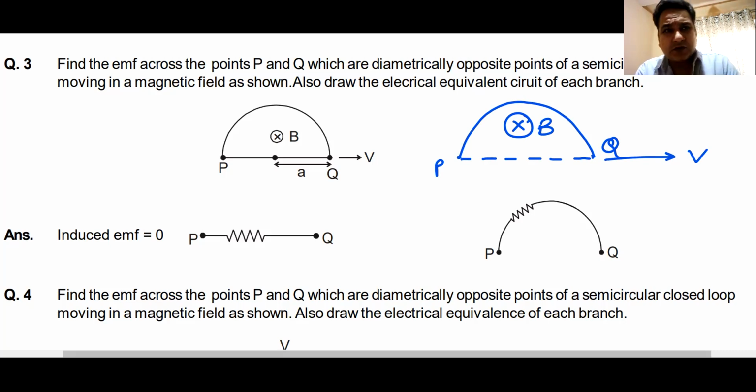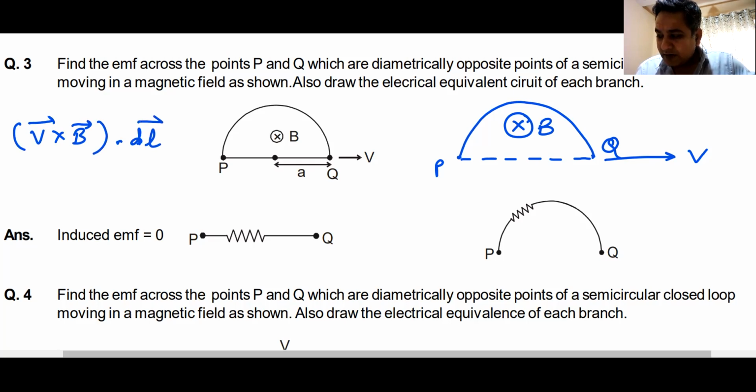To get the EMF induced in this loop, you just have to draw a straight line and find the EMF induced in that. When you draw that straight line, L and V become parallel, and hence the induced EMF in this entire loop becomes zero, because remember (V cross B) dot dL is a scalar triple product, and a scalar triple product vanishes when any two vectors are parallel.